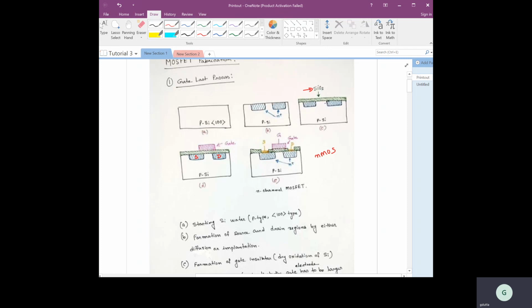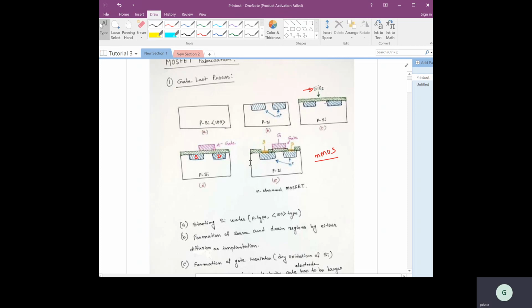So we etch these two regions to open the N plus regions and form the source and drain contacts. So you can see it is pretty straightforward to make an NMOS, right? And you have also noticed that the gate has been formed after formation of the N plus source and drain regions, isn't it?